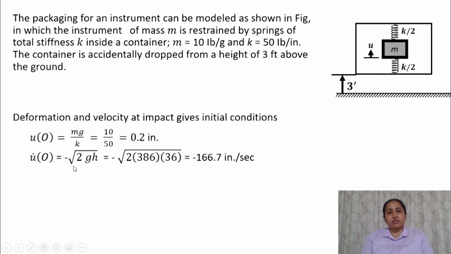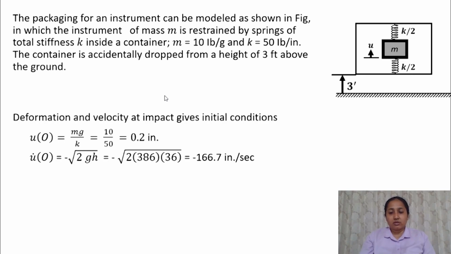We have learned in previous courses that velocity will be equal to minus root 2gh. The potential energy before dropping is mgh, and that will be converted to kinetic energy, that is half mv square. If you solve it, we can find this expression for the velocity. So using this value, you can calculate the initial velocity.